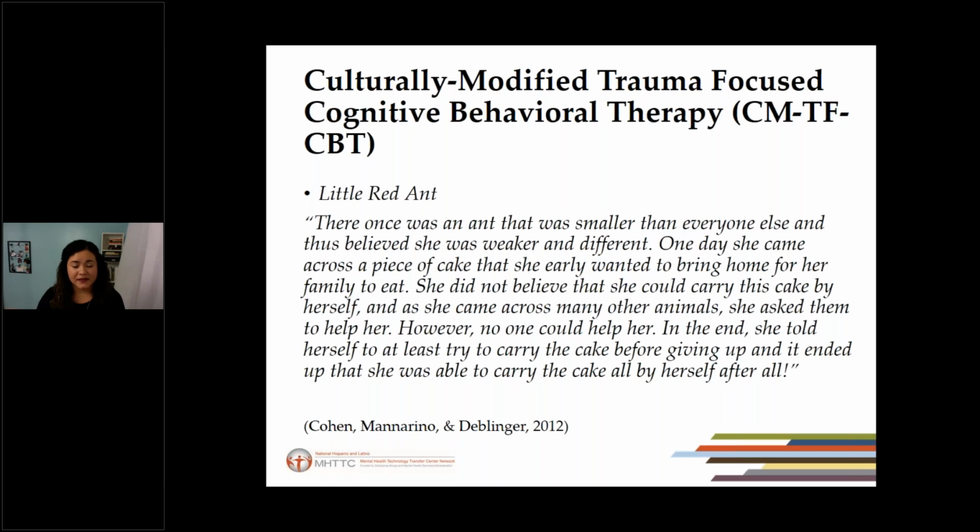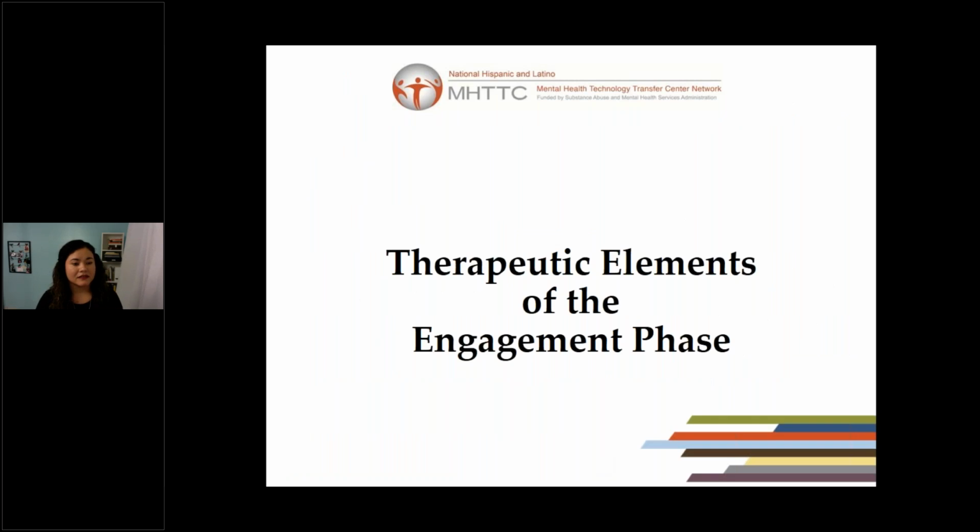So these are some of the modifications inside the TF-CBT, but I'm going to go through all the components more specifically using a case that I worked with. Next slide, please.